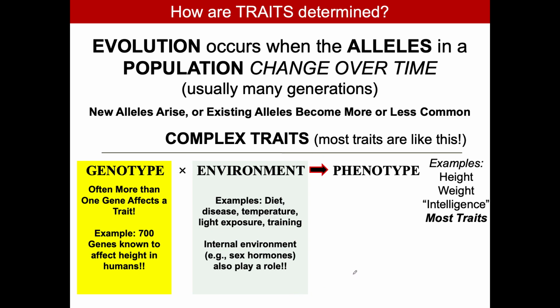And so it's important to know that when we're thinking about traits in humans and the evolution of human traits, we're not just talking about genes. We're also talking about the environment. And so this is why you should be skeptical when you see a news story or you read a paper or you hear people talk about a gene for this, a gene for that, right?